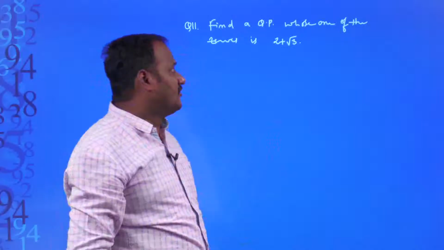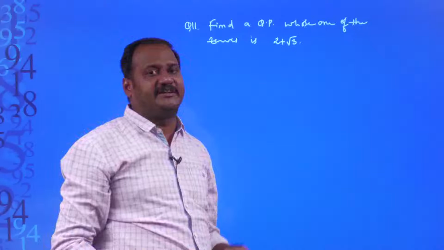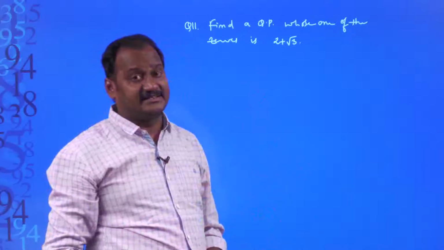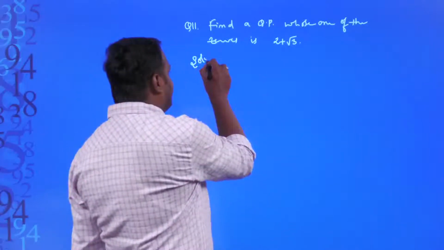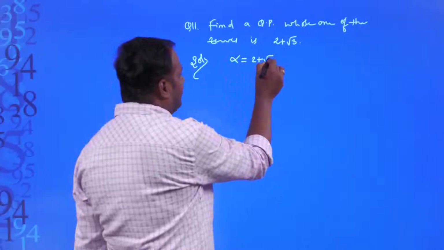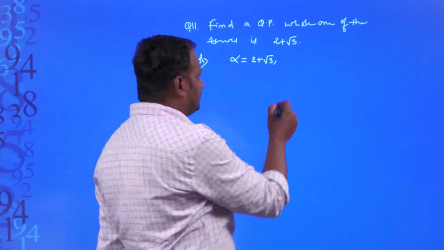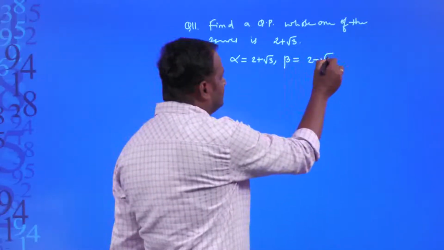But see here, one 0 is 2 plus root 3, then the other 0 is obviously its conjugate, because it is an irrational number. So, one 0 of the polynomial is given as 2 plus root 3, and according to the property of irrational numbers, the other 0 is going to be its conjugate, that is beta is equal to 2 minus root 3.